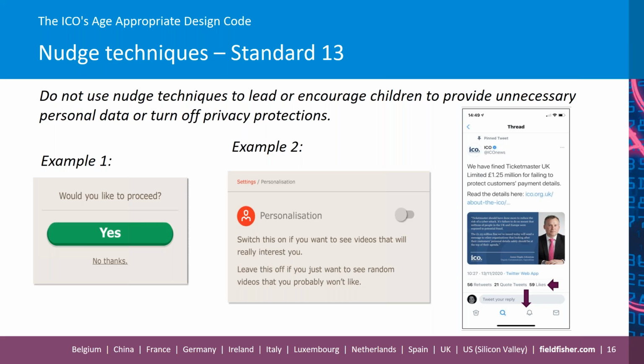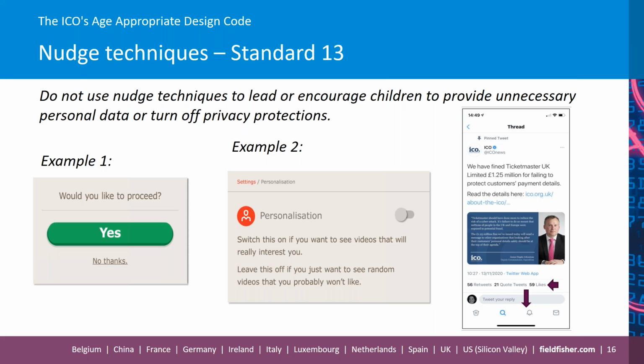And similarly with example 2, it's about the use of language. So is it more inviting to say, switch this on if you want to see videos that will really interest you, or leave this off if you want to see random videos that you probably won't like? So encouraging the child's behavior, and particularly encouraging them to do something that's not pro-privacy, is very much not in compliance with the code.